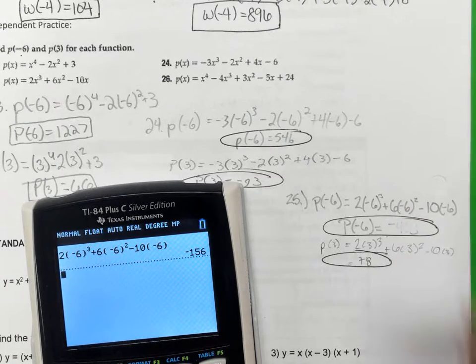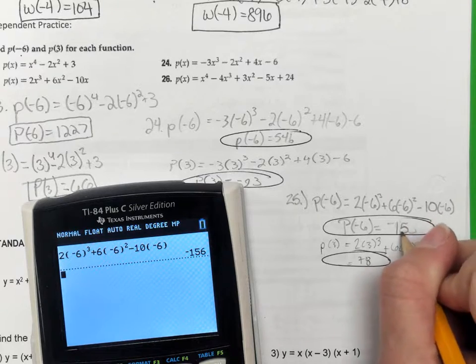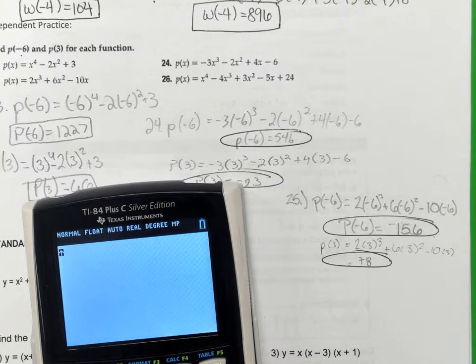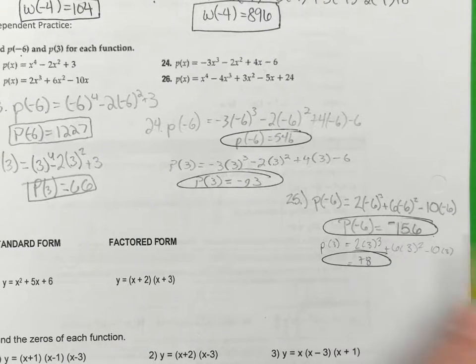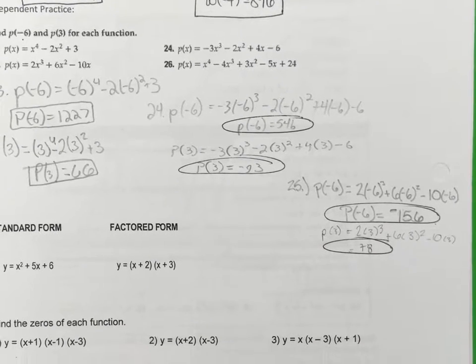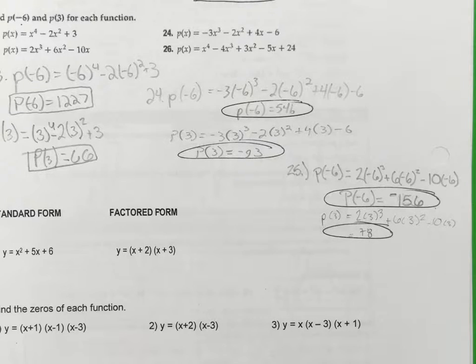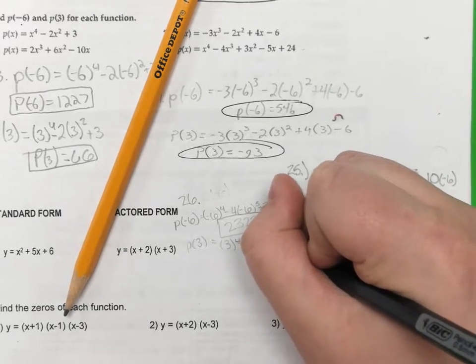Yep. There we go. Any other ones we need to look at? Come on, we're on 26, so we can get those two in real quick before the bell rings. All right, there's 26 coming.